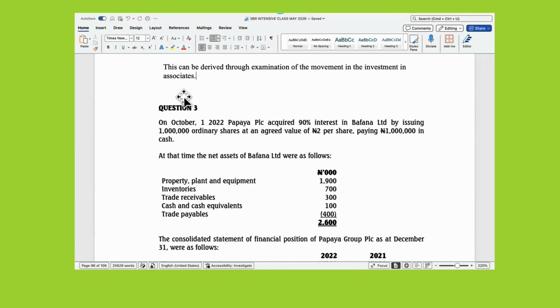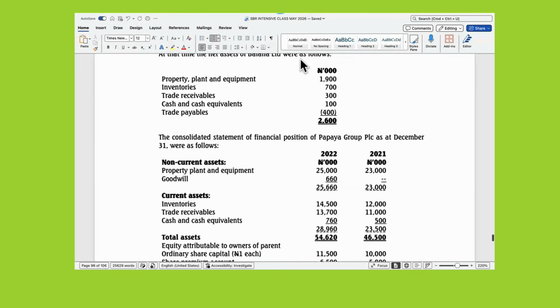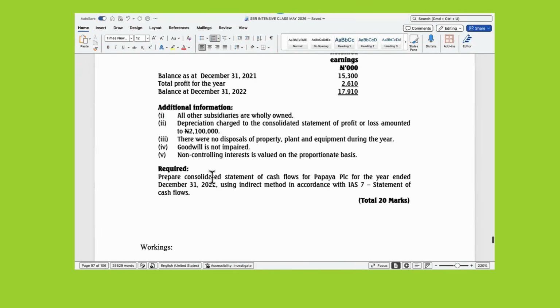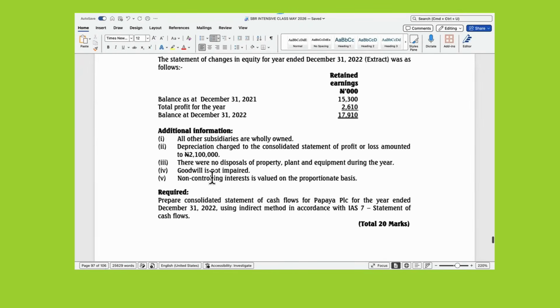so that you can move to other things. So for this one, you were asked to prepare a consolidated statement of cash flows for Papaya PLC for the year ended December 31st, 2022, using indirect method.